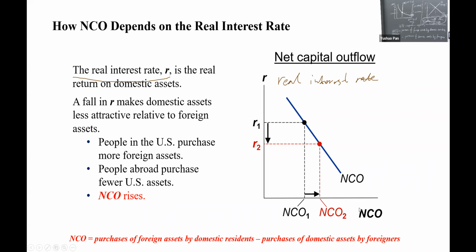R decreases, NCO increases. That explains why the relationship between R and the NCO is negative.